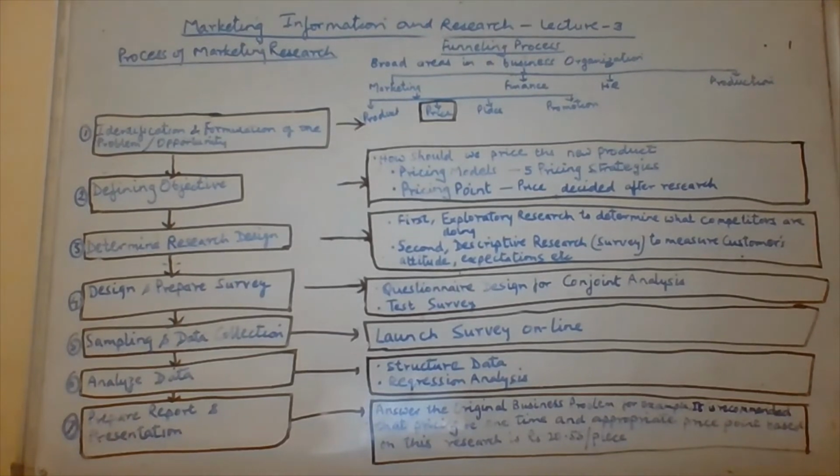So, the funneling process, for example: we know that the broad areas in a business organization consist of four major departments, that is marketing, finance, HR, and production. Now we focus on marketing because it is marketing research.